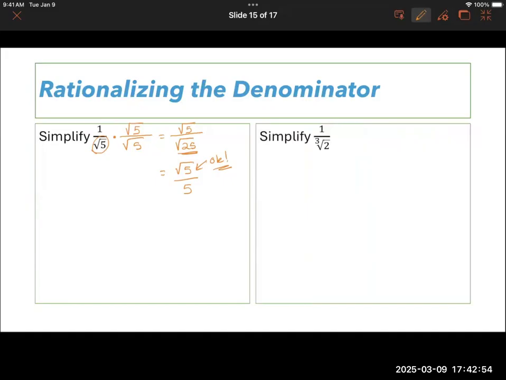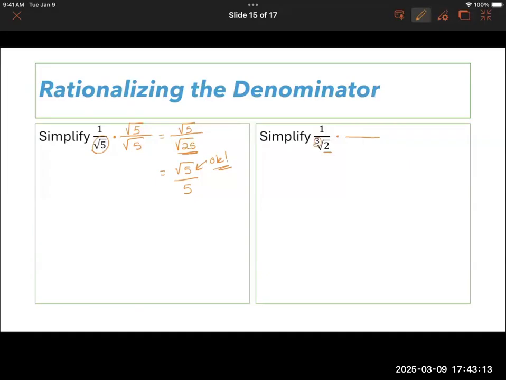Now, what if it is a cube root or some other root that's in the denominator? Well, then the idea is the same. We want to create a situation where we have the cube root of a perfect cube.